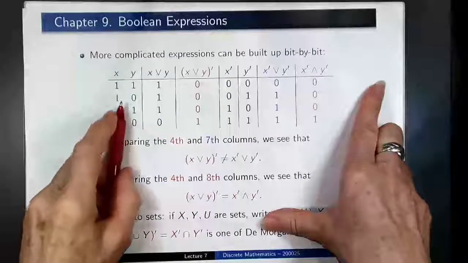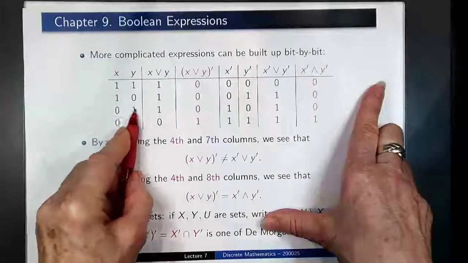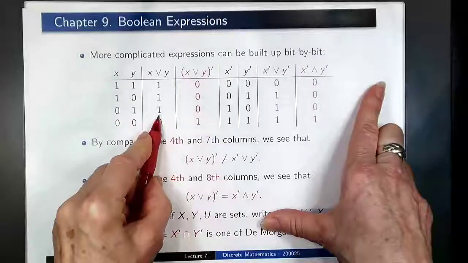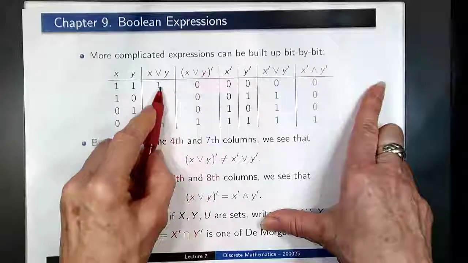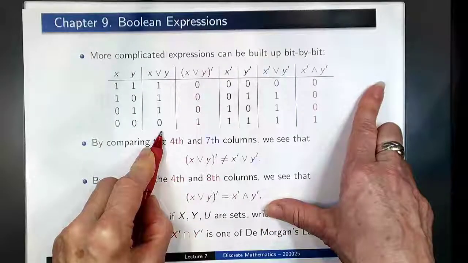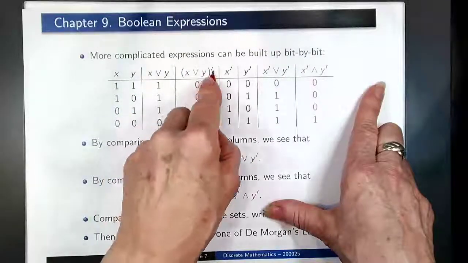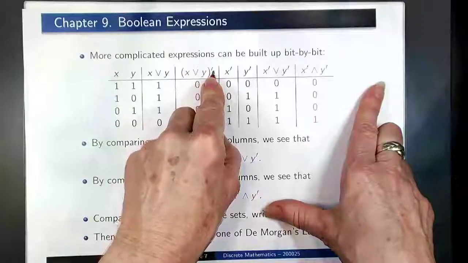Okay, x or y means it's going to be 1 if we've got x or y, or both being 1. So x or y is not too hard to do, especially when you're doing it for the 10th time, then it gets dead easy. Now, we're taking the whole of x or y and we're looking at not that.